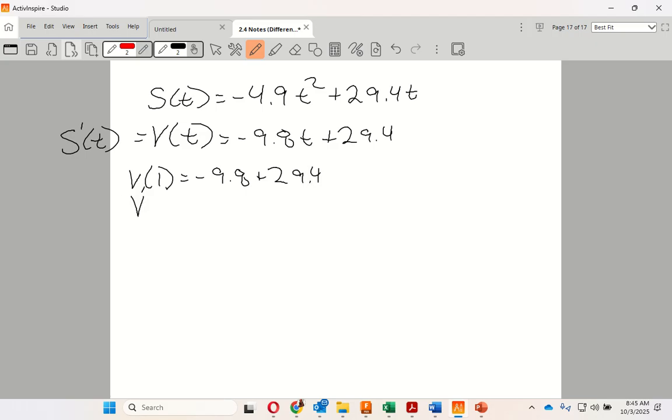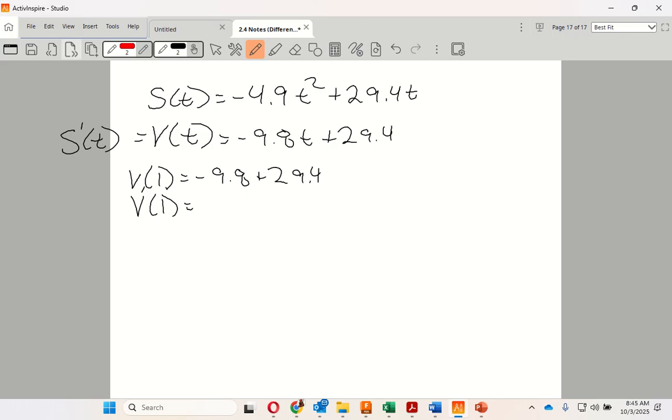So v of 1 is going to give me, what is it, like 19 something? 19.6? 19.4? 18.6? Negative 9.8 plus 29.4.